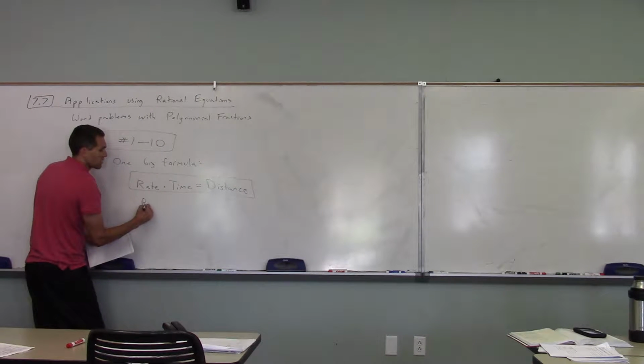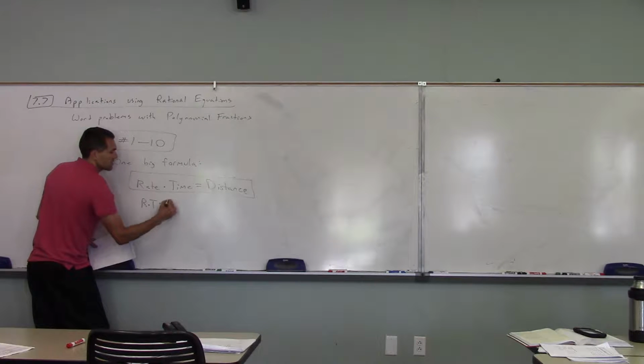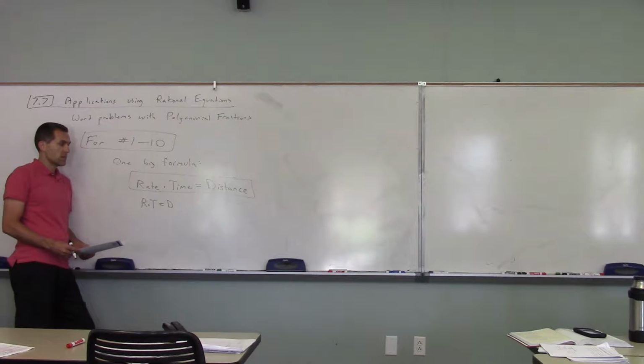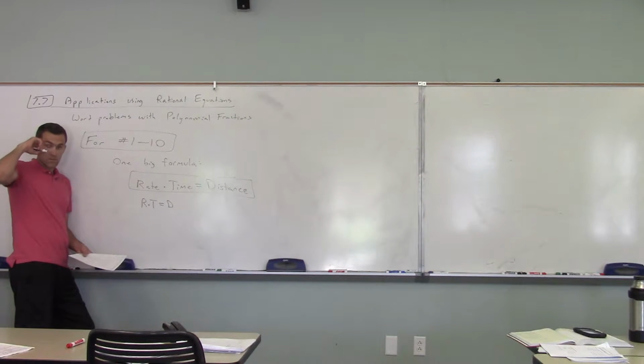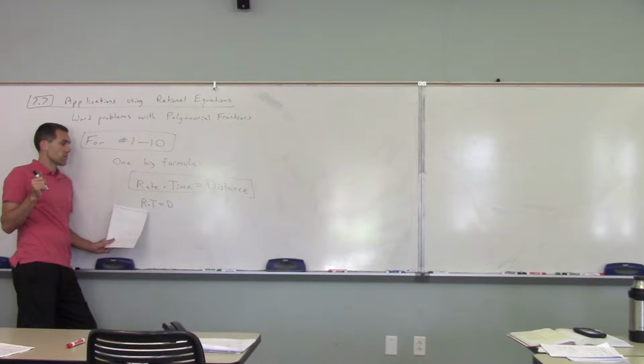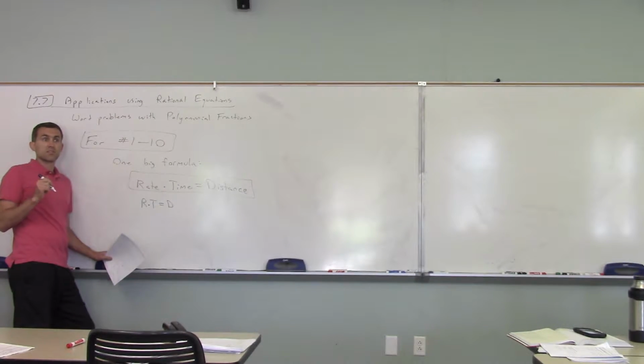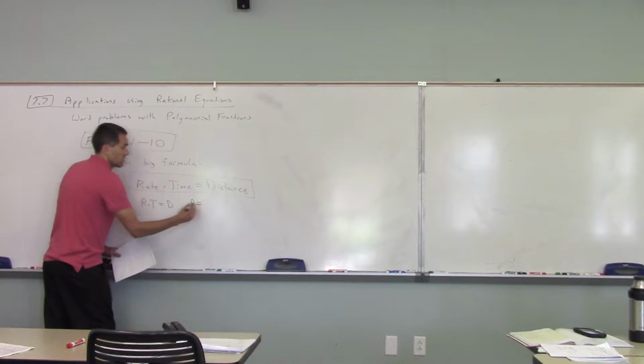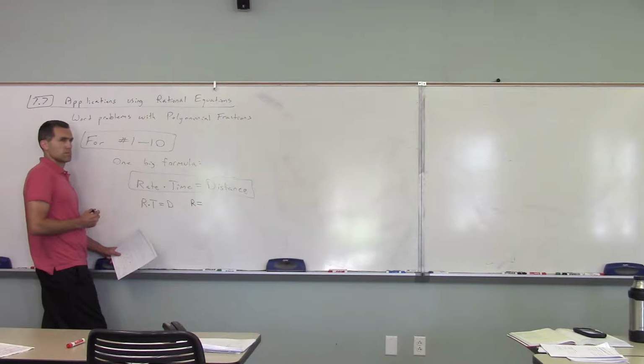So we could write it as rate times time equals distance. Or if we wanted to solve for rate, how would we write it in terms of rate? Let's not guess. How would we solve this for rate? Divide by time. So we divide both sides by time and we would get rate equals distance over time.